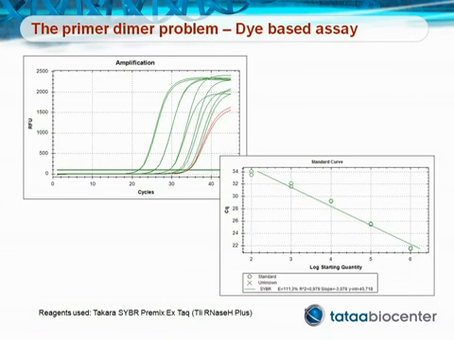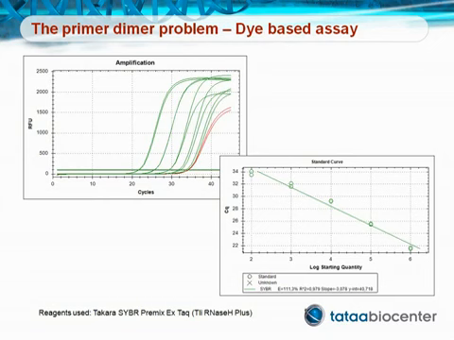If you have problems with primer dimers in a dye-based assay, the dyes will also bind to the primer dimers and give a fluorescence signal. This may give a higher Cq value of low concentration samples than would be expected. As you see here in the dilution series, the points in the standard curve are not following a linear behavior at the lower concentrations, and thus it will not give correct quantification.